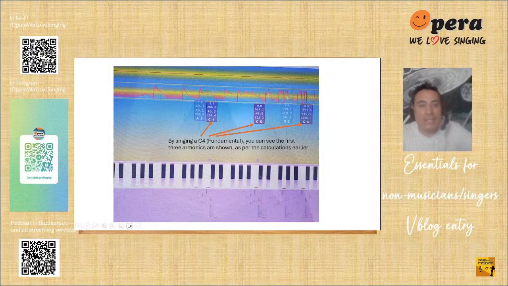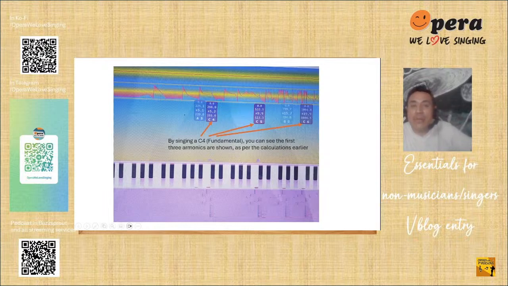Look at this. Ricardo was singing. This was the fundamental, the one we had in green, our first fundamental. Our example was a C3, but in real life I sang a C4. When I sang this C4, we knew that the first harmonic was going to be a C5. You remember?